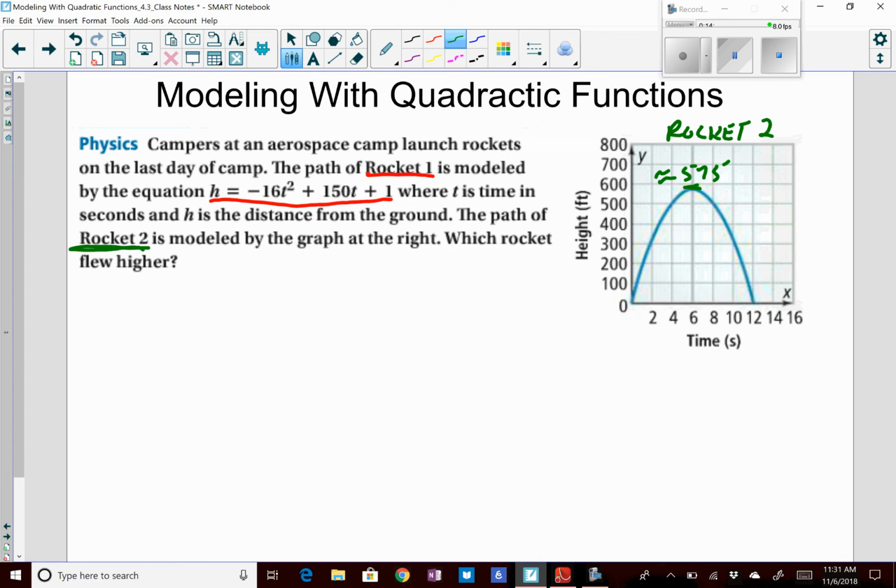The height for rocket 1 we can get if we graph the equation that they gave us. Now in the calculator, we're not going to be able to use H and T, but h would be equivalent to y in this case, and t would be equivalent to x. So we'll use y equals negative 16x squared plus 150x plus 1 to find the height of this rocket.